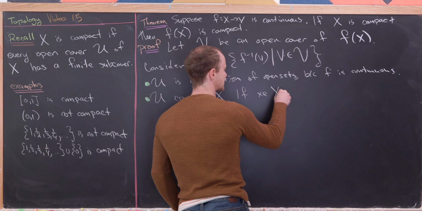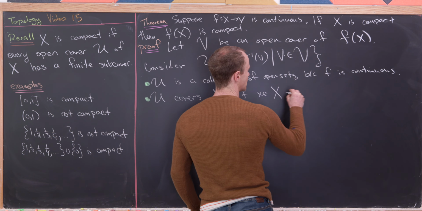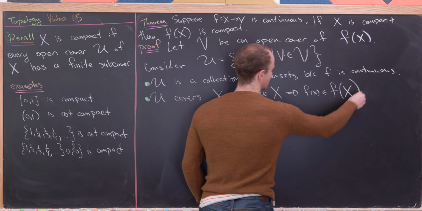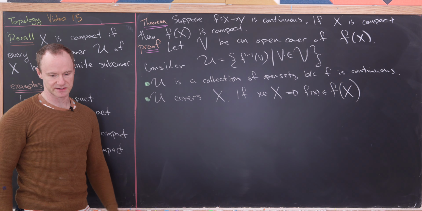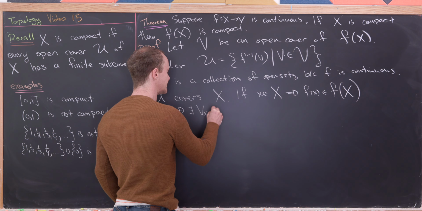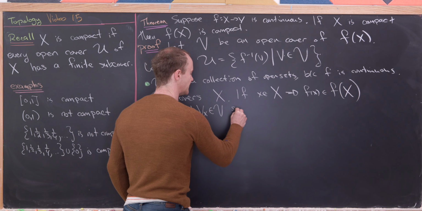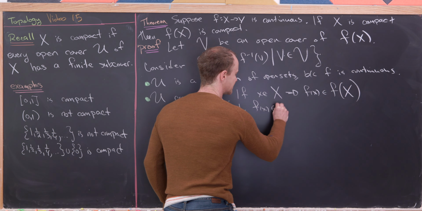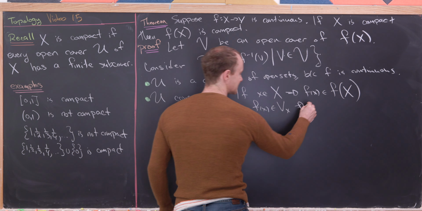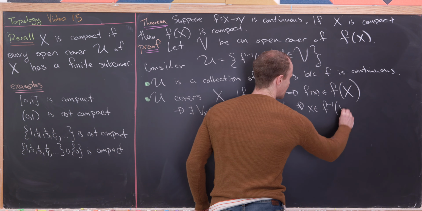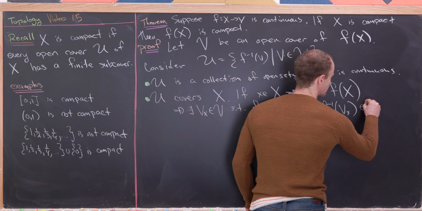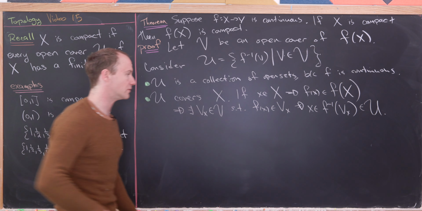Let's take a little x in big X. Notice that that means that f(x) is inside of the image f(X). But that means that there exists a V_x inside of our script V such that f(x) is inside of V_x. But then that means that x is inside of the pre-image of V_x. But that pre-image of V_x is pretty clearly by definition in U.